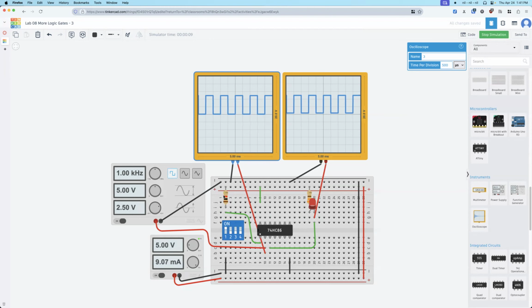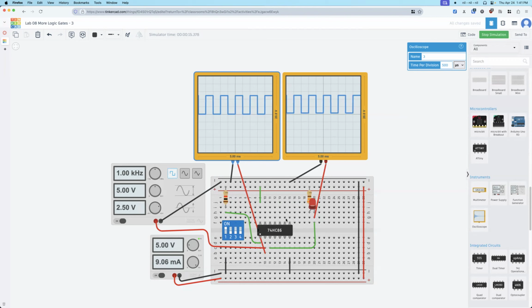Let me double check. So, yeah, I'm not sure whether it's because of the oscilloscope or because of Tinkercad. So actually, this one should change.